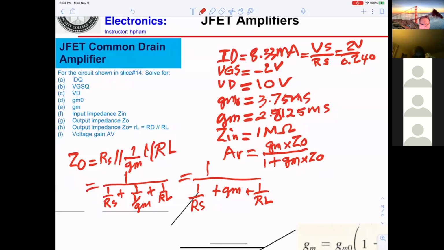Someone got 0.27 for gain. I don't know if it's right or wrong. 50-50. I just got 132.7 for Z out, so now I'll work on that. But 0.27, I don't think that can be right.